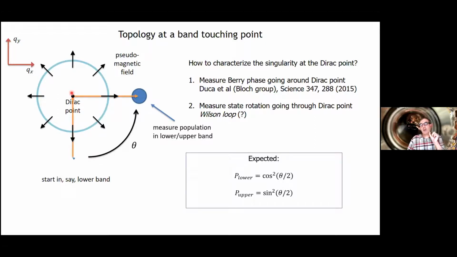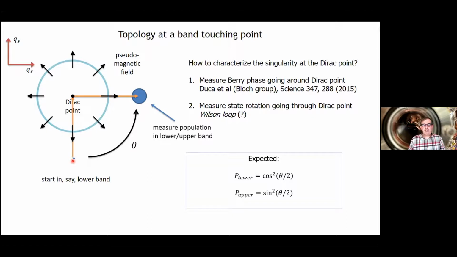At the Dirac point, because you have a degeneracy of states, no matter how slowly you're moving, you're no longer guaranteed to remain in just the lowest band. There's no notion of adiabatic following in that case. What happens instead is that when you emerge from the Dirac point, you should have undergone a coherent rotation in the space of states between the lower and upper bands.